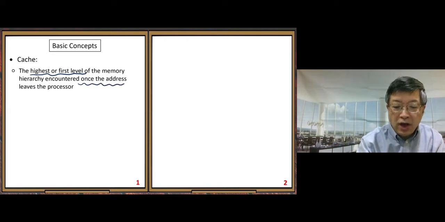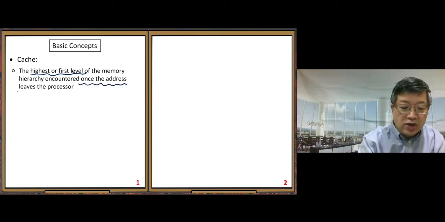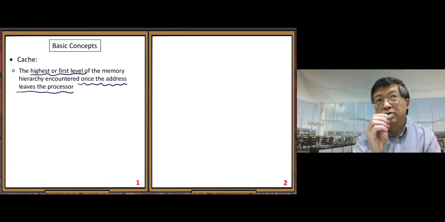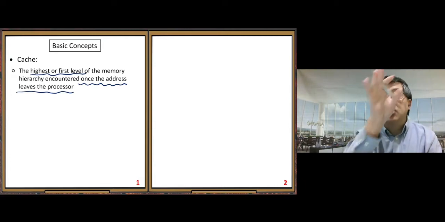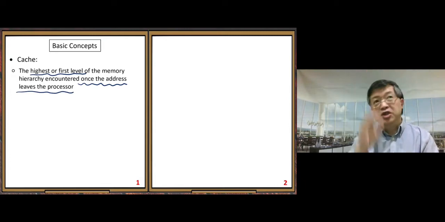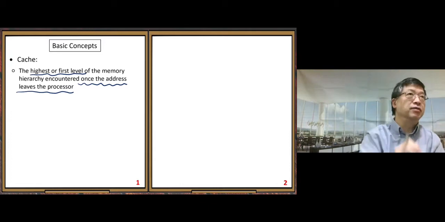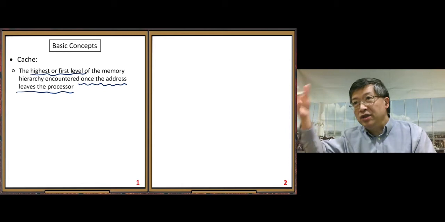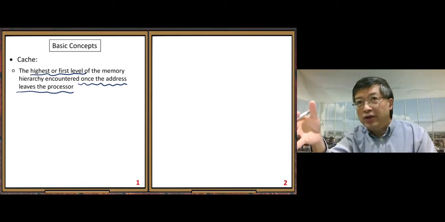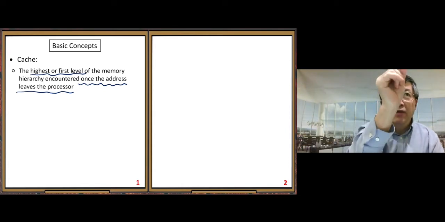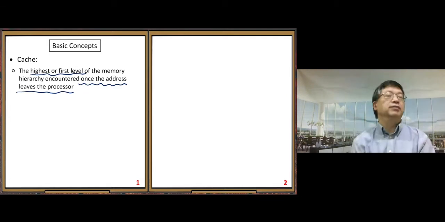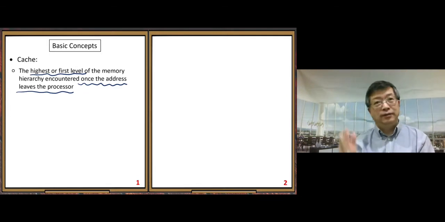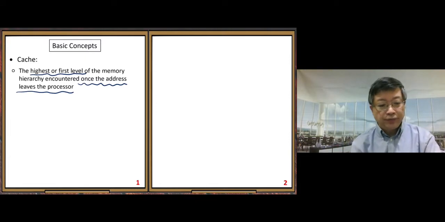There is a condition after it: the address leaves the processor. That means we do not count CPU registers, because CPU registers are inside the processor. When the address leaves the processor, out of the CPU registers, the first level in the memory hierarchy is the cache level. So that's simple. No problem.